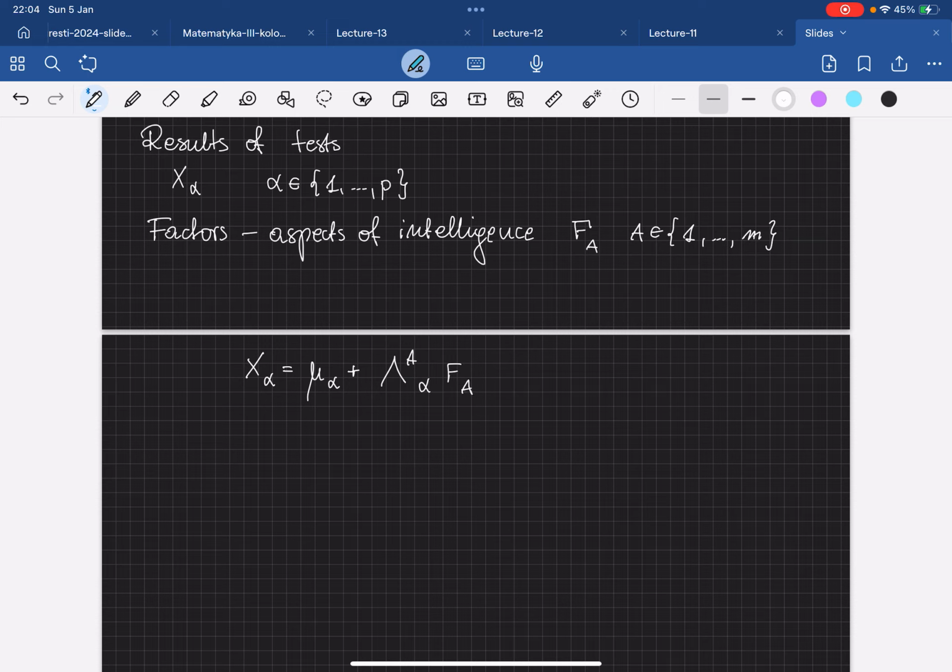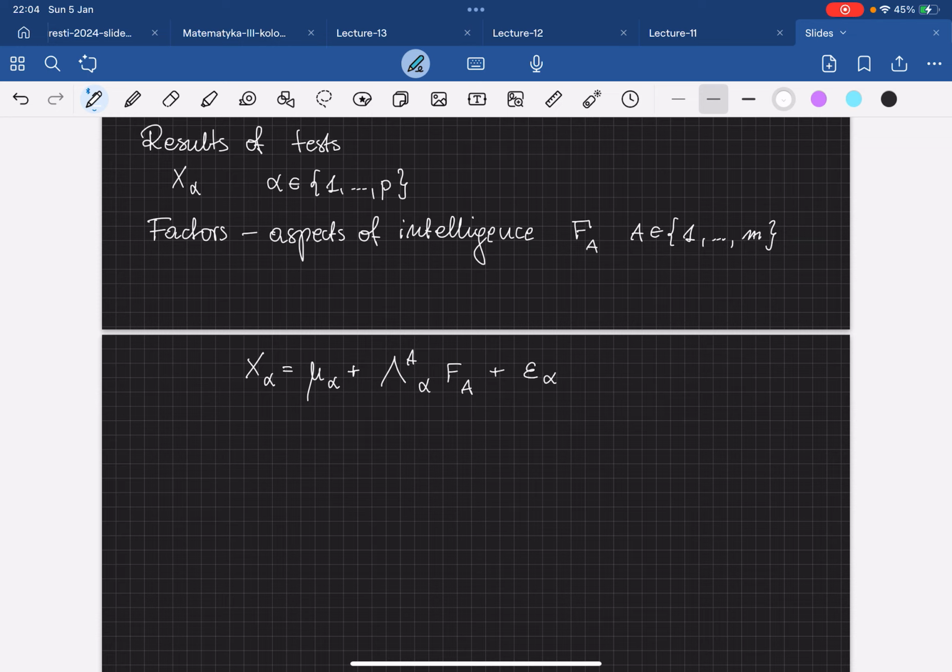And as usual, we sum up over indices that appear twice, once up, once down. So, unexpected appearance of Einstein's summation convention in statistics. And there are, of course, errors.